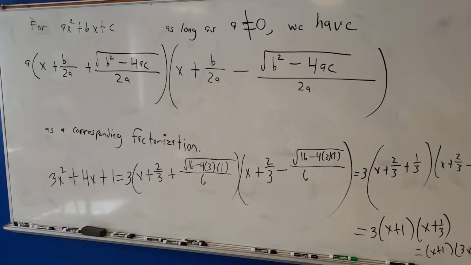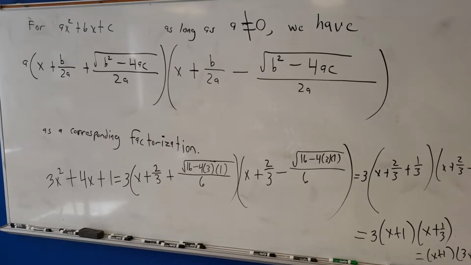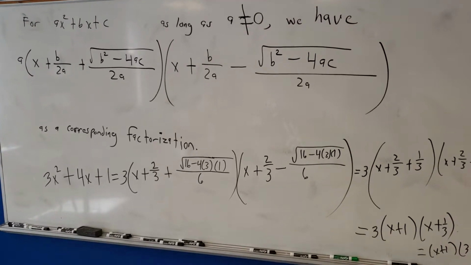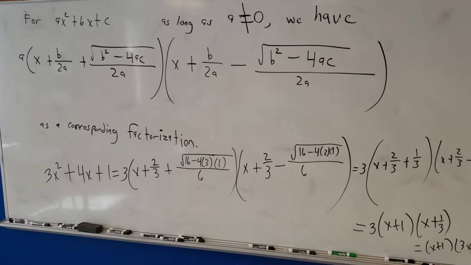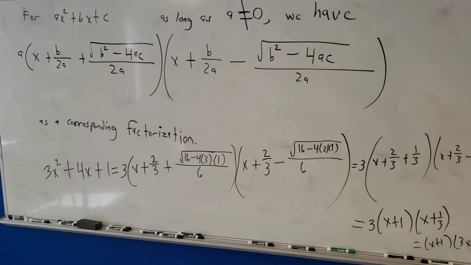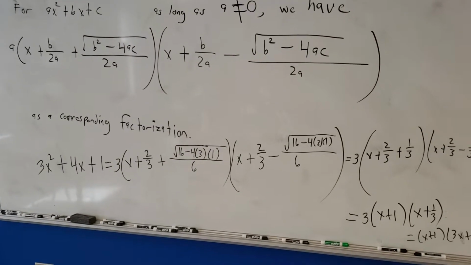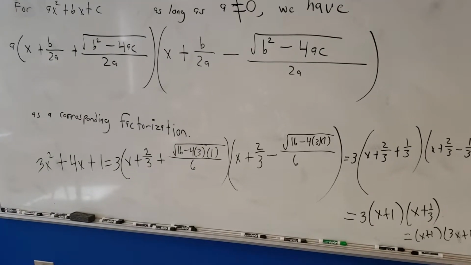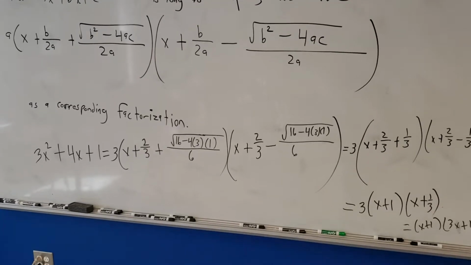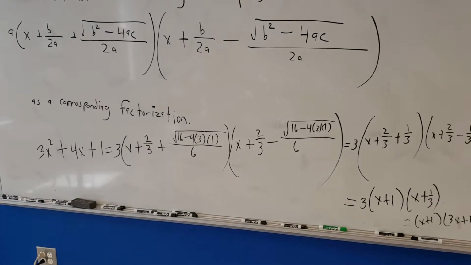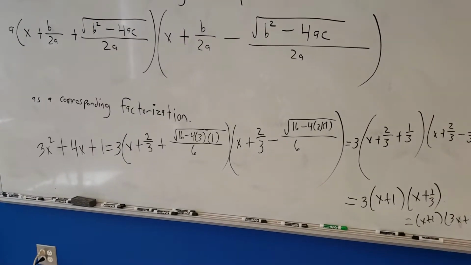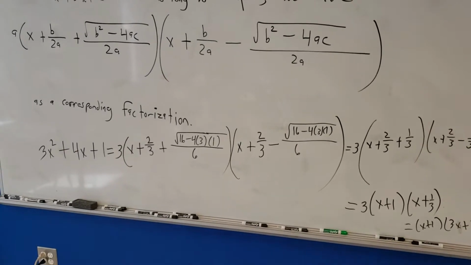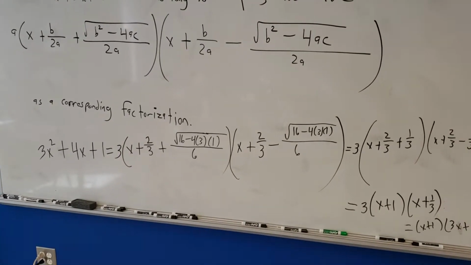Now, b over 2a is 4 over 2 times 3, it's 4 over 6, which reduces to 2/3. I went ahead and skipped that and reduced it. I didn't want to write 1,000 steps down. You'll have to forgive me there. But 2/3 is correct, because b over 2a gives you 4/6, which is 2/3.